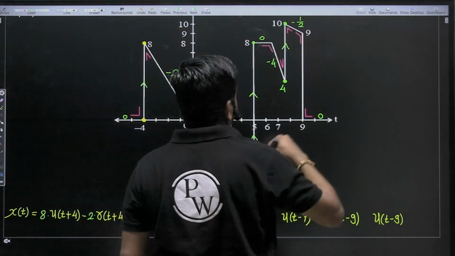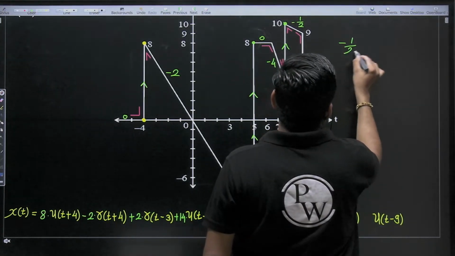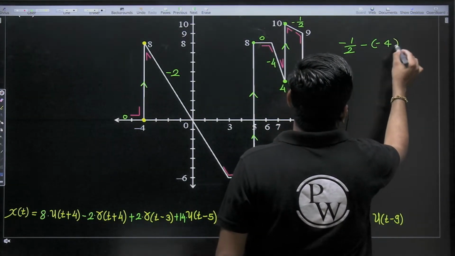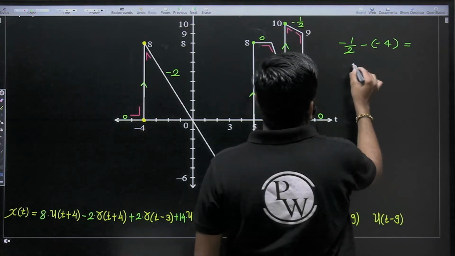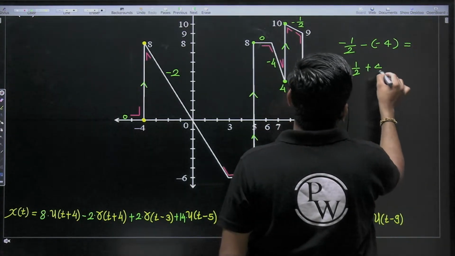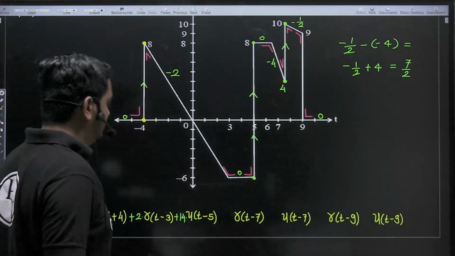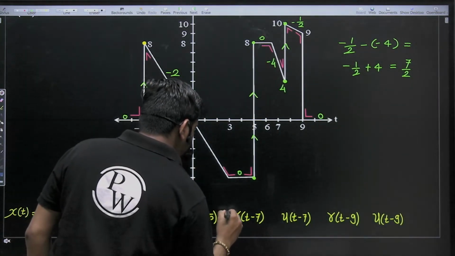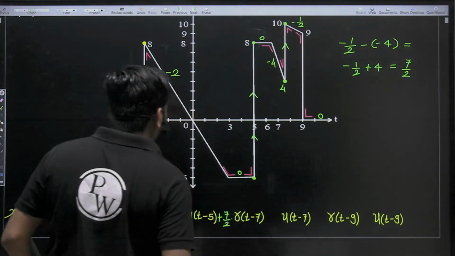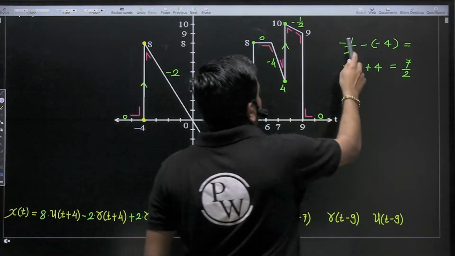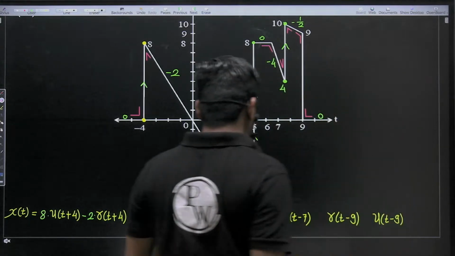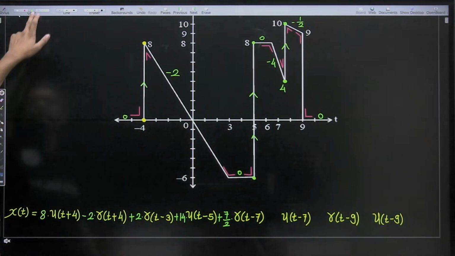Next slope is minus 1 by 2 and previous slope is minus 4, so minus 1 by 2 plus 4, it is 7 by 2. So here the difference in slope is plus 7 by 2, done.